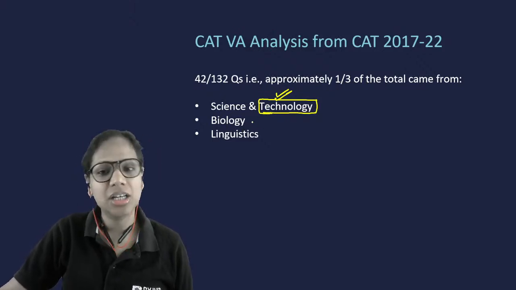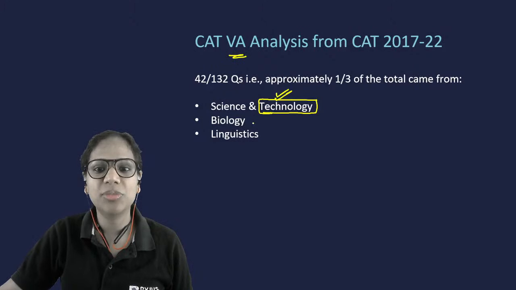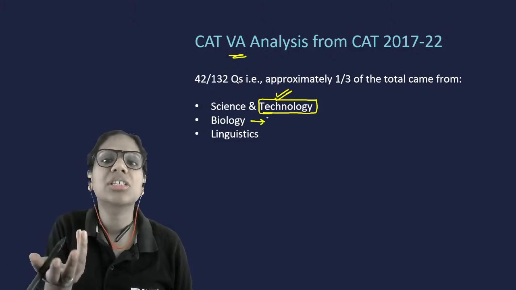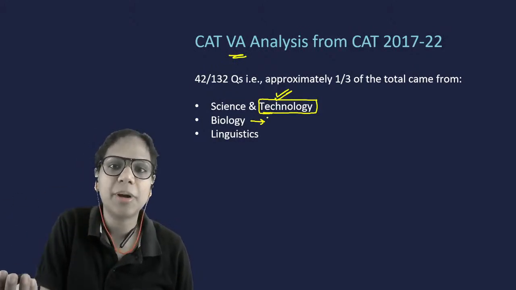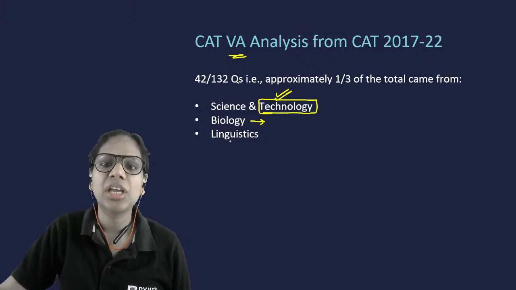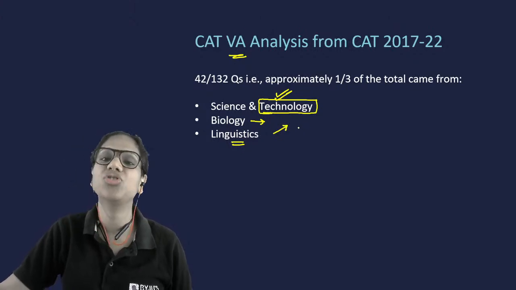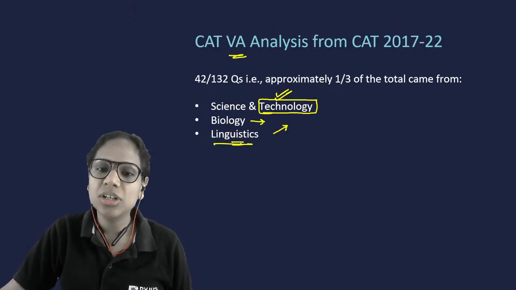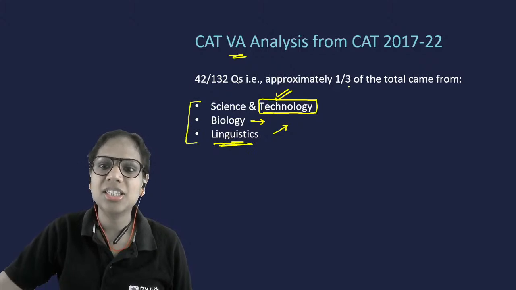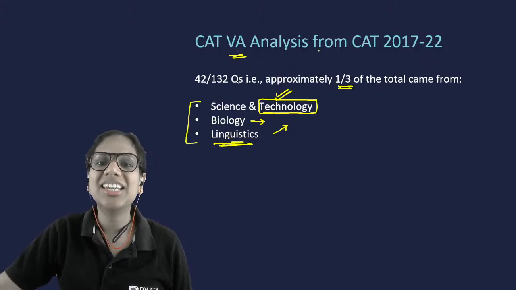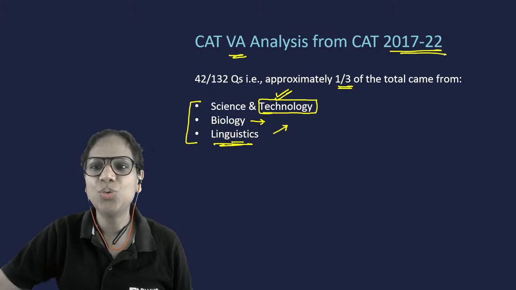Okay, so you've had VA questions from the area of biology. So for instance, fish skin collagen, that is zoology. Zoology is a part of biology, right? Linguistics. So I've seen so many para summary questions that talk about the English language or language in general, right? So these have been some dominant genres in CAT VA from 17 to 22.